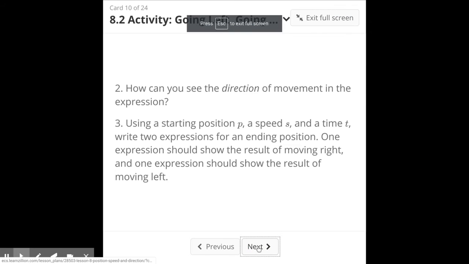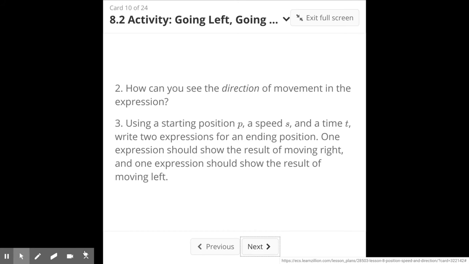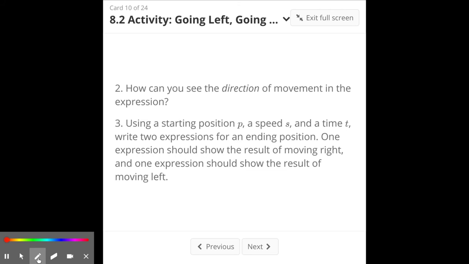Okay. So the question that comes up next is, how can you see the direction of movement in the expression? You can see that the direction of movement is represented by whether you add or subtract from 0, whether you're going to the right, which is positive, or going to the left, which is negative. Then they ask you to write an expression using these variables.